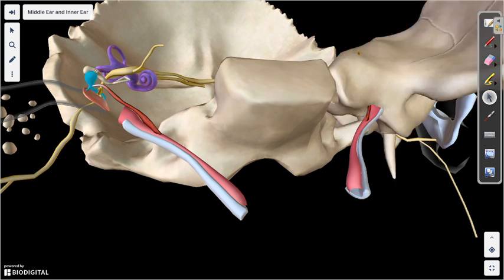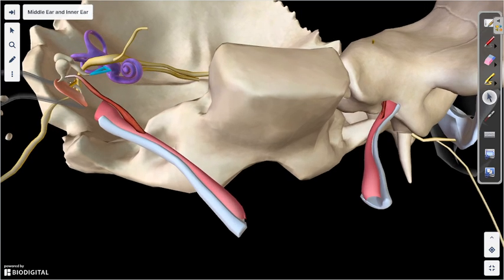These ossicles are the smallest bones of the ear. The first one is called the malleus, the second one is called the incus, and the last one is the stapes. All of these are known collectively as the ossicles.